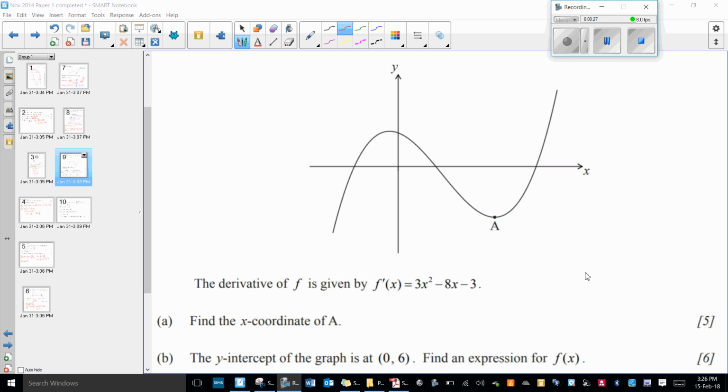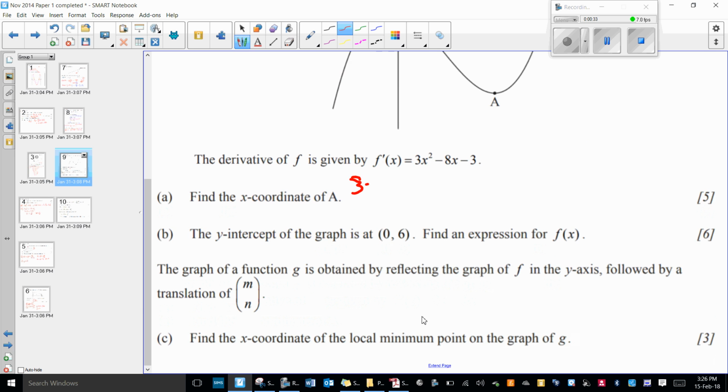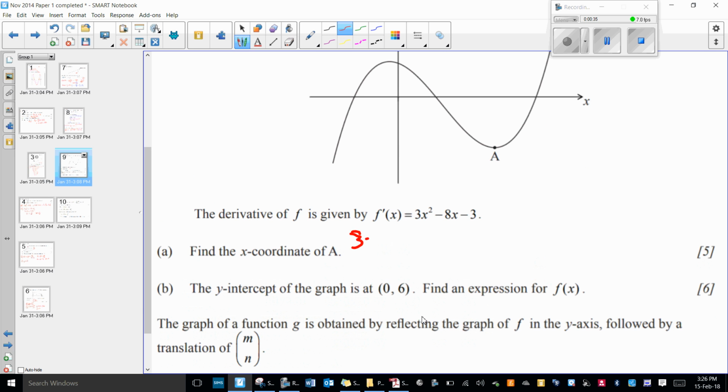So we want 3x squared minus 8x minus 3 equals 0. Let's try and factorize it. We multiply the first and last numbers, so it's -9.